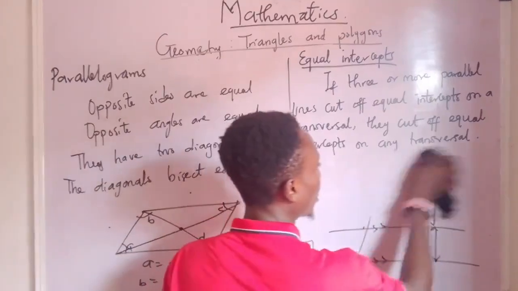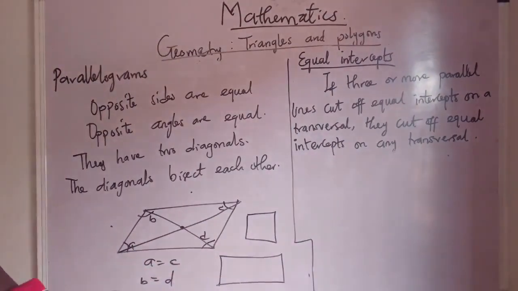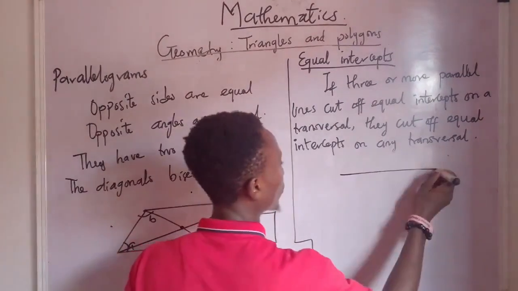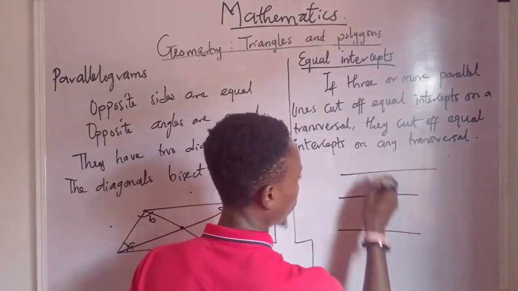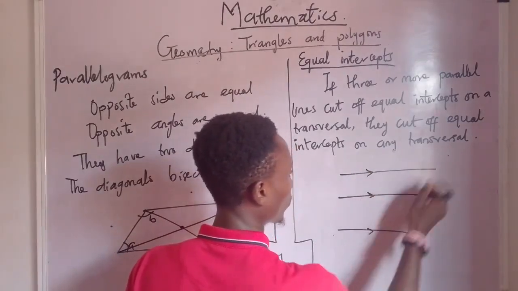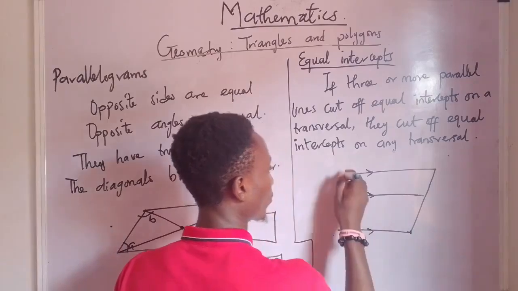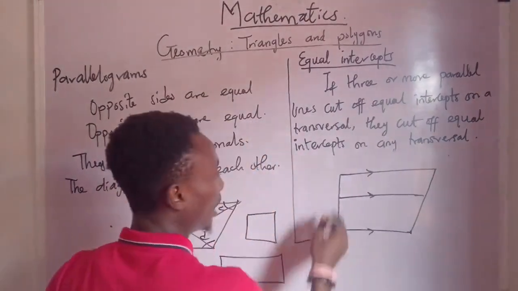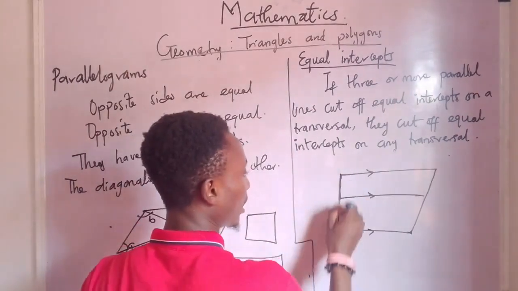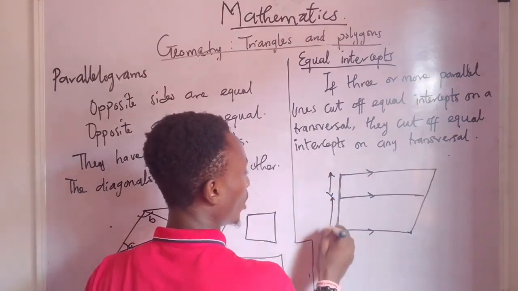Let's look at another diagram so we get a better understanding. As long as these three are parallel, this line from here to here is equal to from here to here.